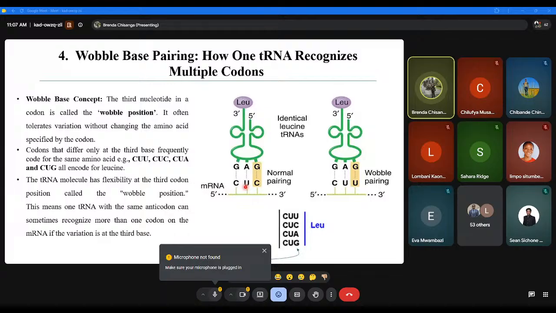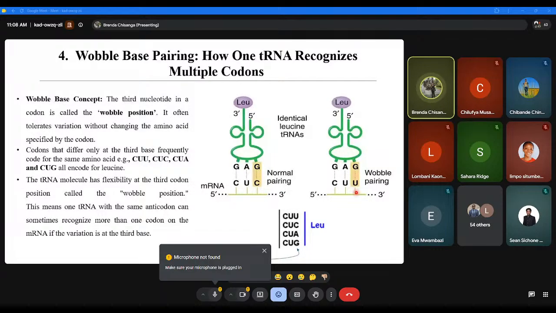You have a uracil at this point, and also at the second position, you also have a uracil. So far, the two codons are the same at the first and second position. Let's go to the third position of the codon on the mRNA. On this codon, we have C. On this codon, we have U.